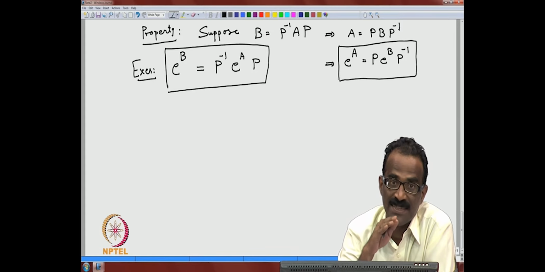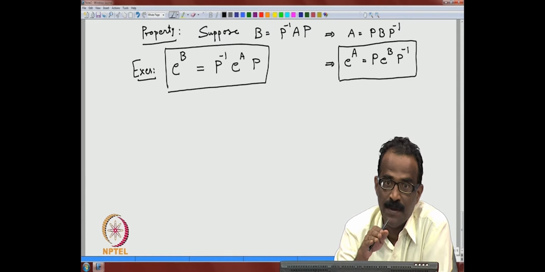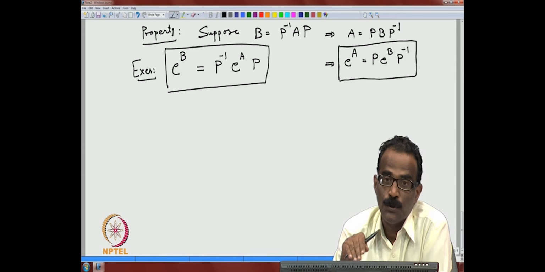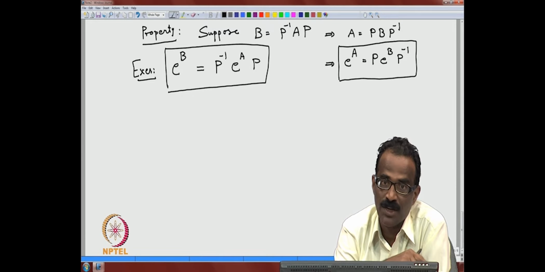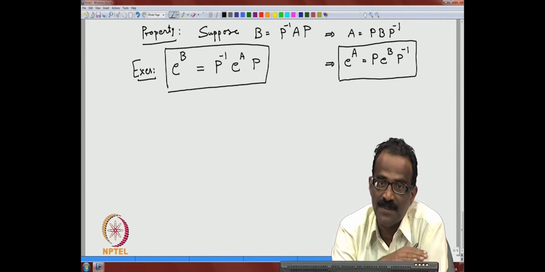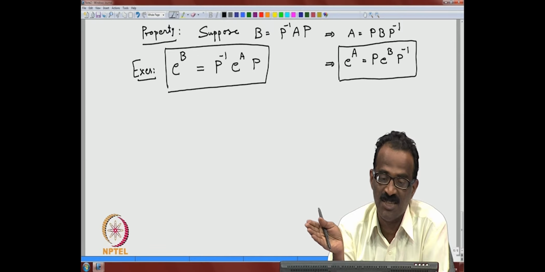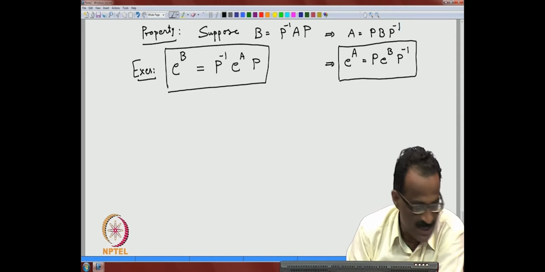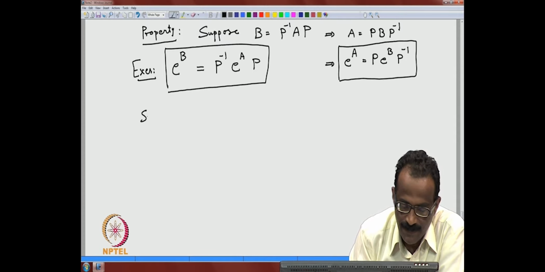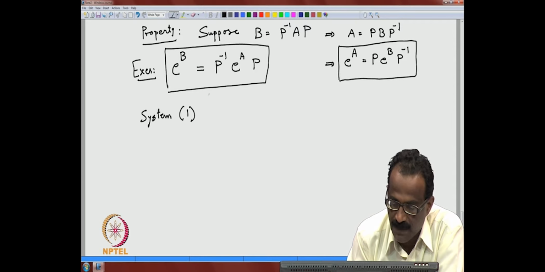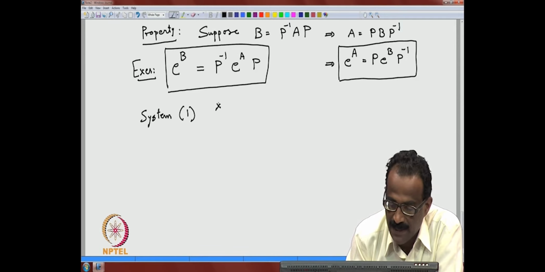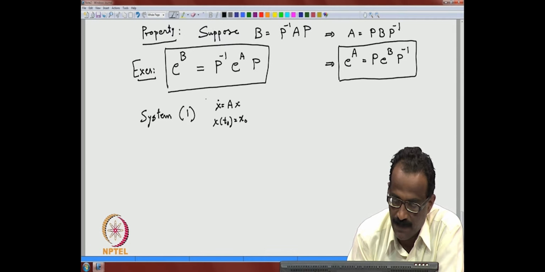So, you have a linear system x dot equal to Ax, and this allows you to solve x dot equal to Ax by solving another system corresponding to B. So, system 1 can be solved by solving system 2. Let me recall system 1: x dot equal to Ax with x at t naught equal to x naught. This is my system 1.